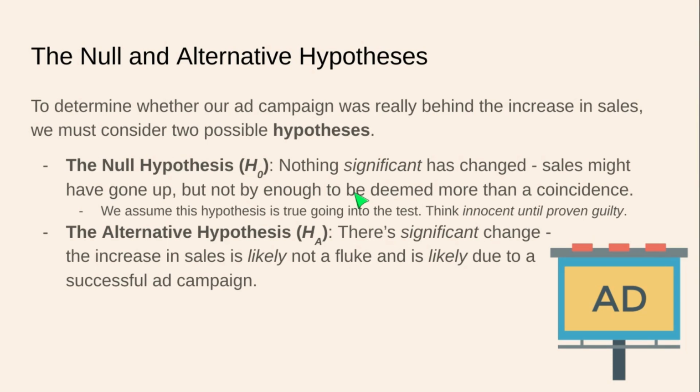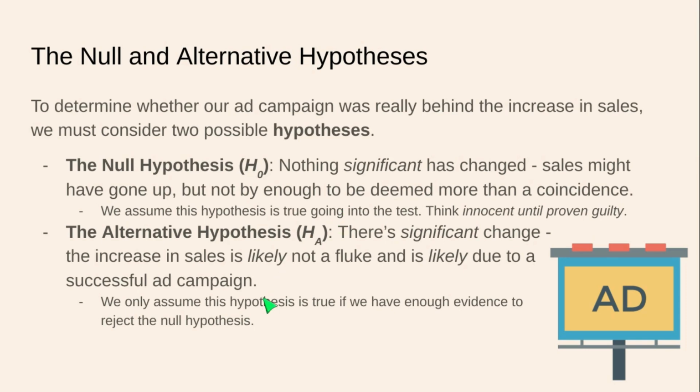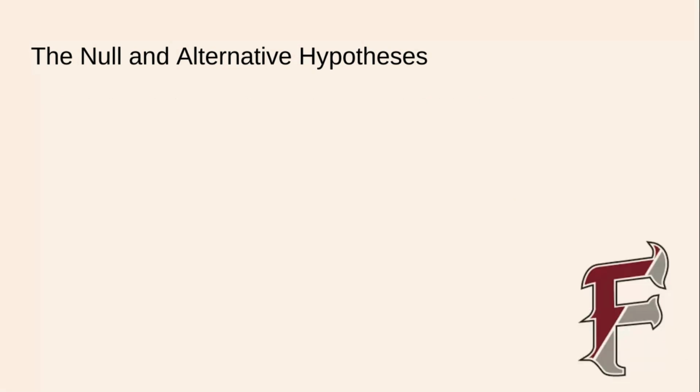We don't have enough evidence to reject it. So we only assume the alternative hypothesis is true if we have enough evidence to reject the null hypothesis. We assume the null hypothesis is true. We cannot confirm, but we assume innocent, no significant difference, until proven guilty of a significant difference.